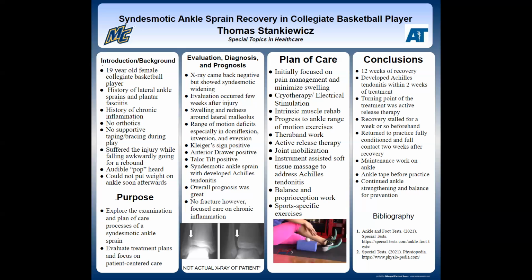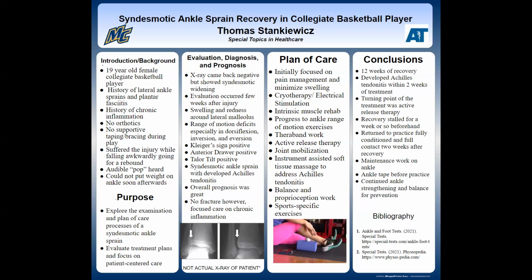So the injury occurred, like I said, a few weeks before the athlete came onto campus. So the whole eval process really didn't start until a few weeks after the initial injury. But upon arriving to campus, she had swelling and redness around the lateral malleolus on the outside of her ankle.